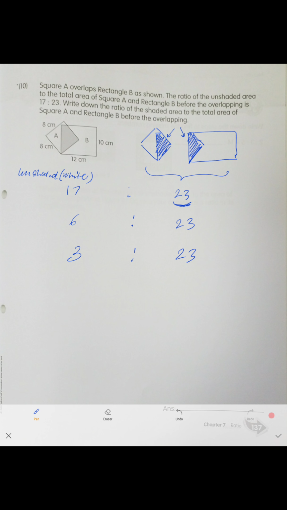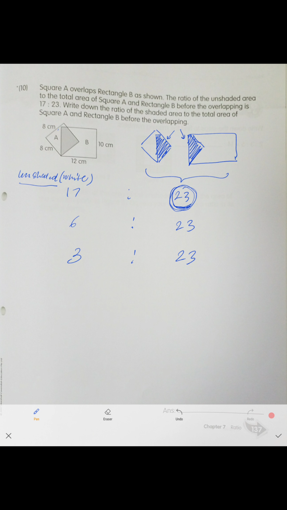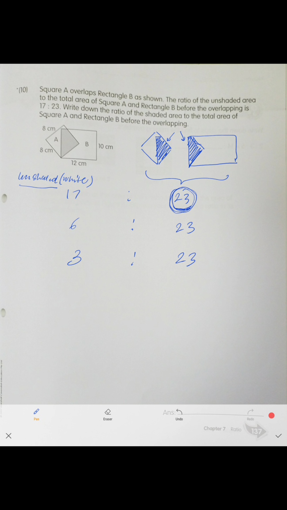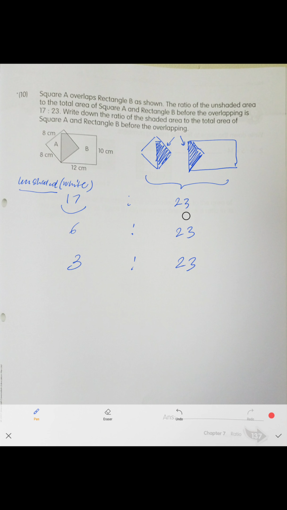All right. Once again, I hope you follow. First of all, you need to try to imagine your square and your rectangle separately, before they were overlapped. They were 23, and they related to the unshaded area, this white area, as 17 to 23.